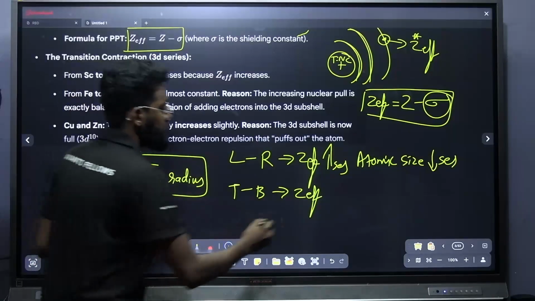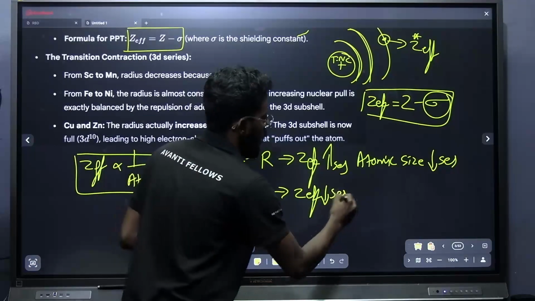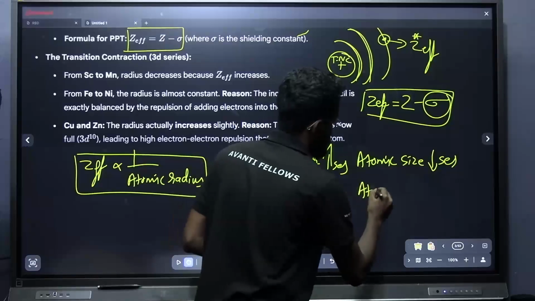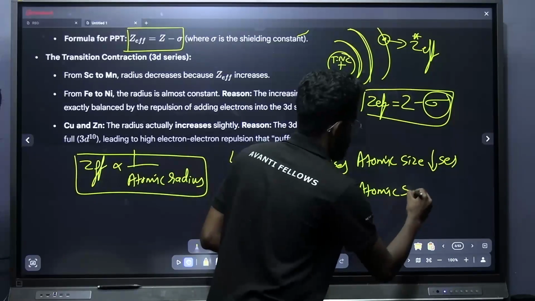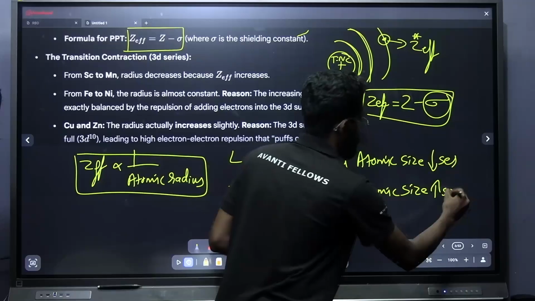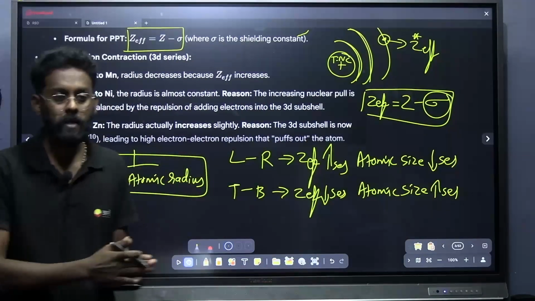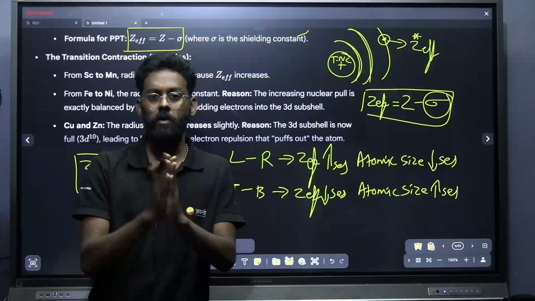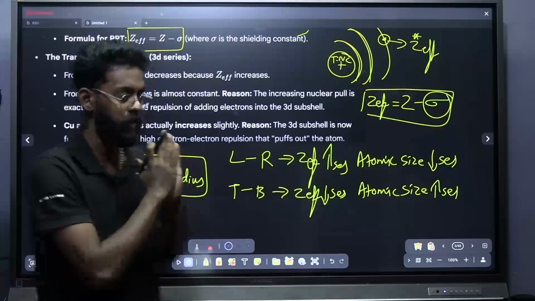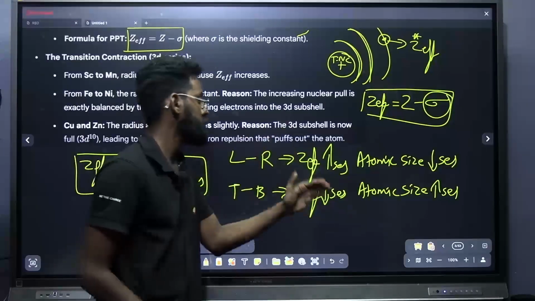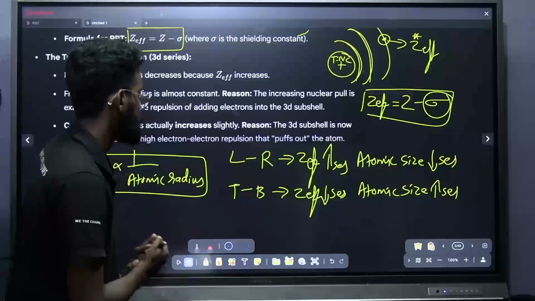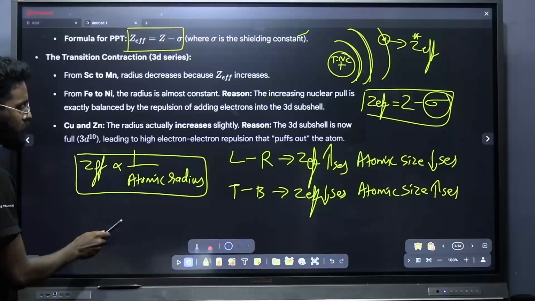Decreases. Yes, very good. Z effective decreases. And what about atomic size? Increases. Yes, very good. This is the reason why the general trend of atomic size is that from left to right it decreases, and from top to bottom it increases. Okay, that's one of the points.